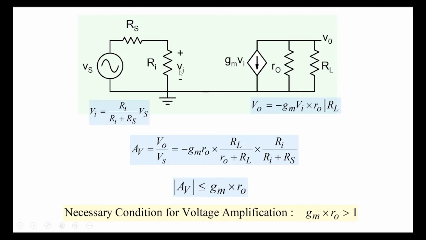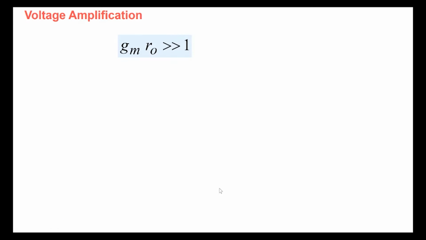So if this 3-terminal device, Ri, gm Vi, R0, obeys the condition gm R0 greater than 1, then we could use it with some Rs and some RL, and we could obtain voltage amplification. We could get a gain larger than 1 here.